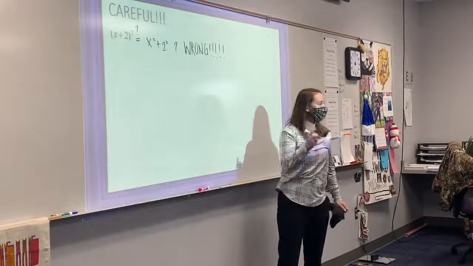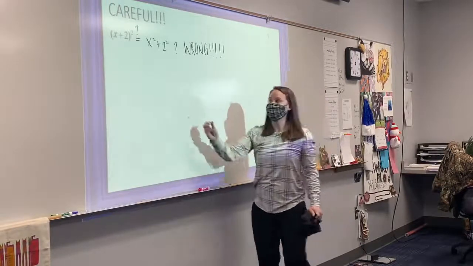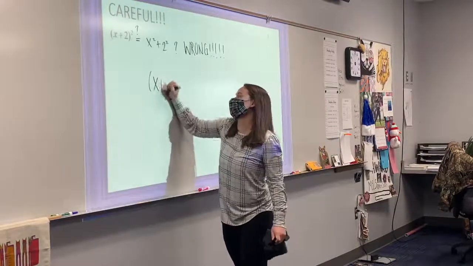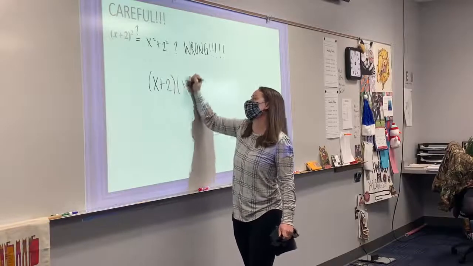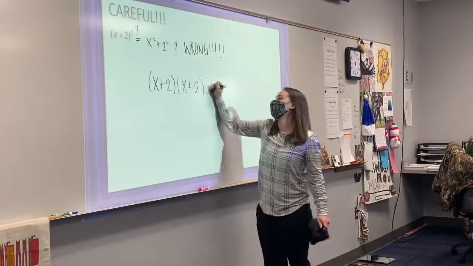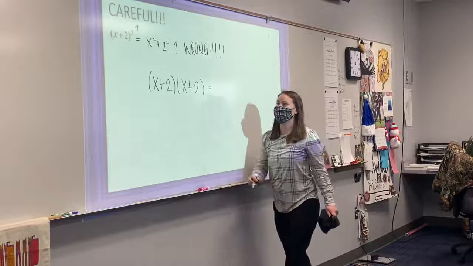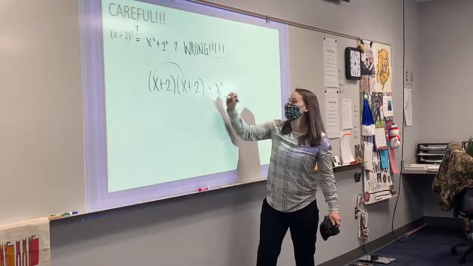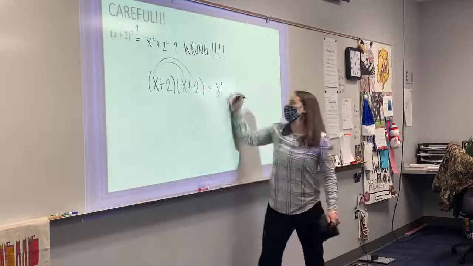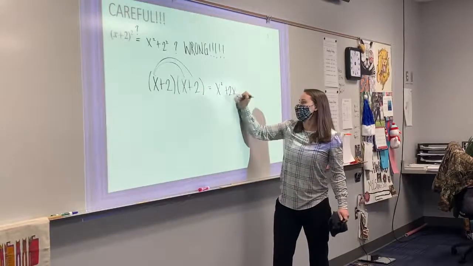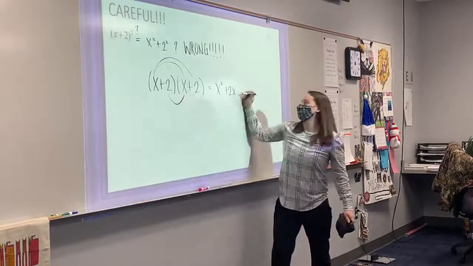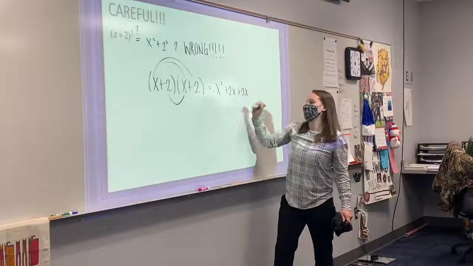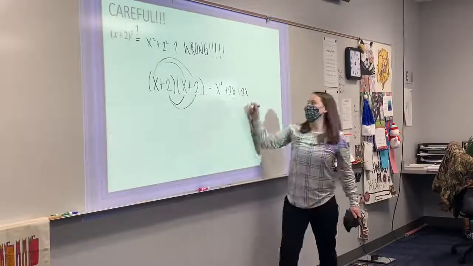This problem is actually a FOIL problem. Remember, x plus 2 times x plus 2, where we go x times x is x squared, x times 2 is a 2x, 2 times x is a 2x, 2 times 2 is 4.